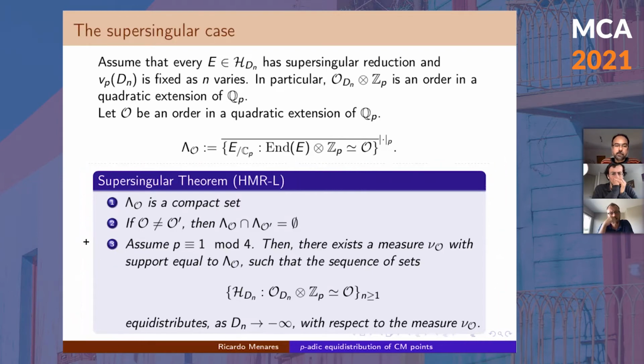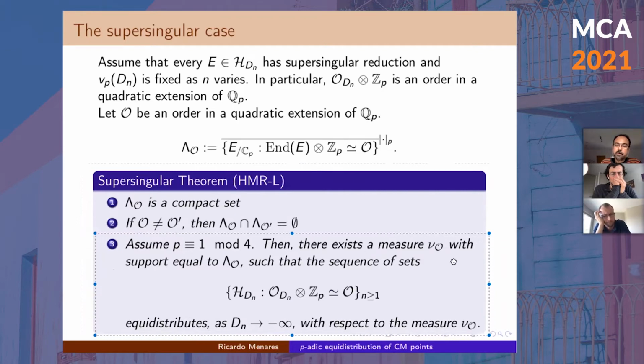And the third point is the equidistribution statement. For simplicity, just to make it easier to explain, assume that P is 1 mod 4. This is a simplifying assumption.